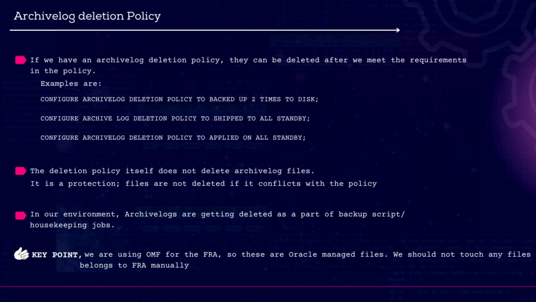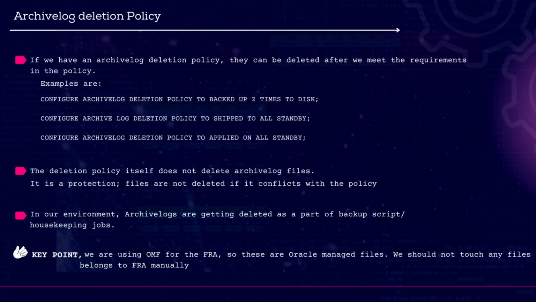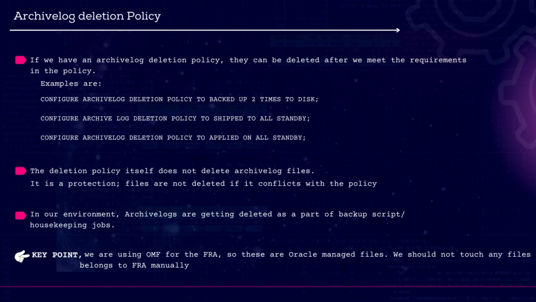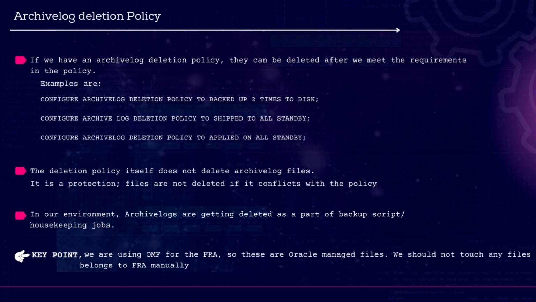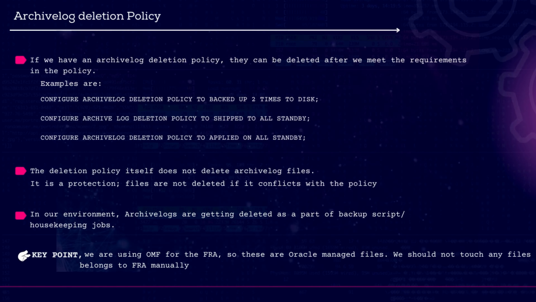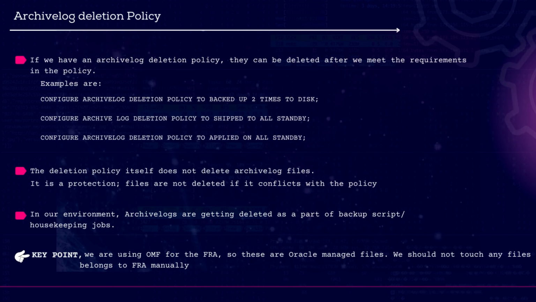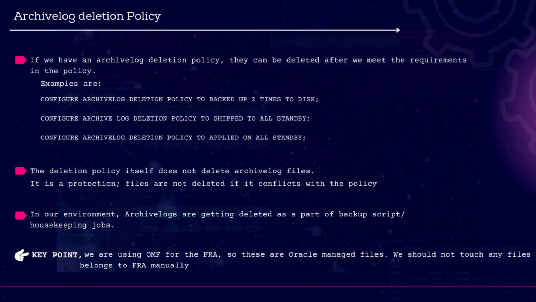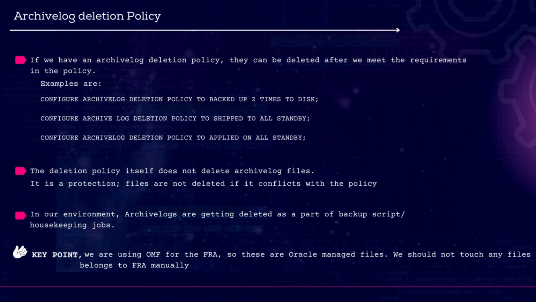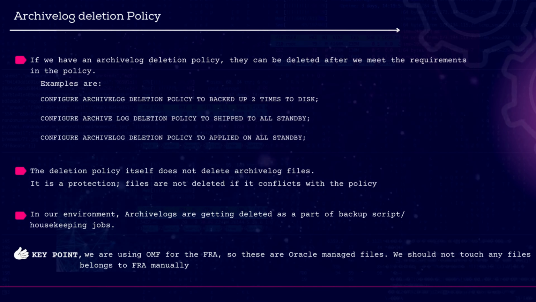It will be marked as reclaimable. The third example says a policy to apply on all standby. It will wait for apply on all the standby. So there are certain other settings, but I used these three just to give you an idea of how the archivelogs are marked for deletion or obsolete, or we can say marked as reclaimable.